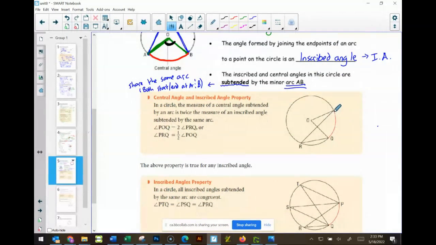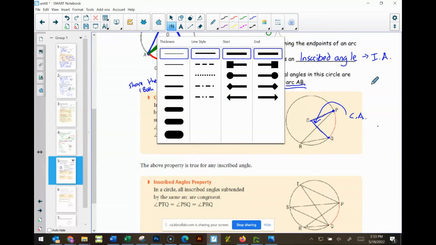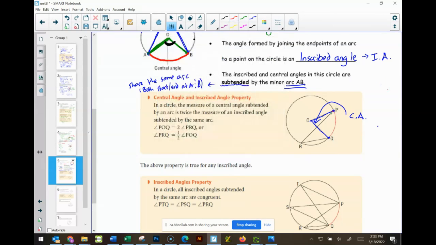That's what this is saying here. If we start with P and Q, we notice that it makes a central angle at O. That's the central angle right there. We also note that there is an inscribed angle that starts at P, goes to R, and then goes to Q, or you could go backwards, it doesn't matter.